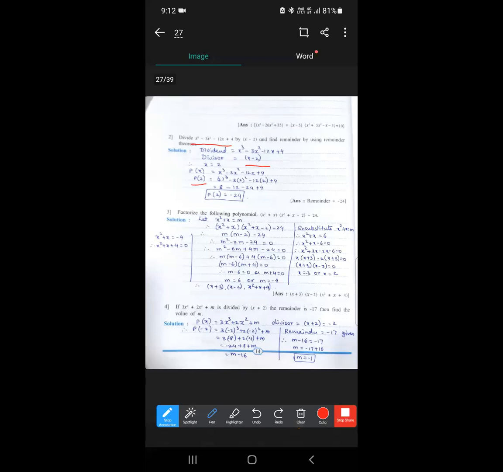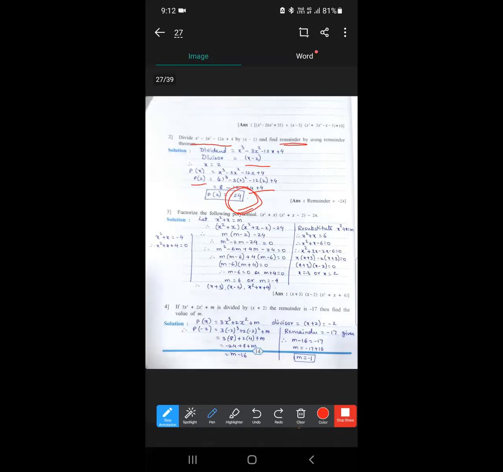So 2 cube minus 3 into 2 the whole square minus 12 into 2 plus 4. Solve this. After solving, p of 2 is equal to minus 24. Whatever answer you get after solving, that is nothing but the remainder.